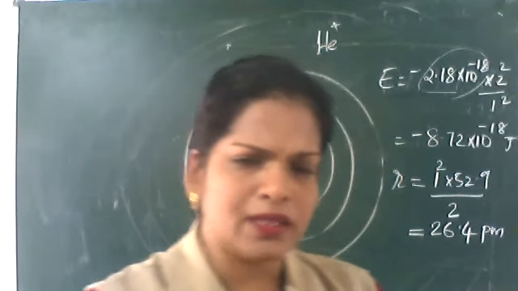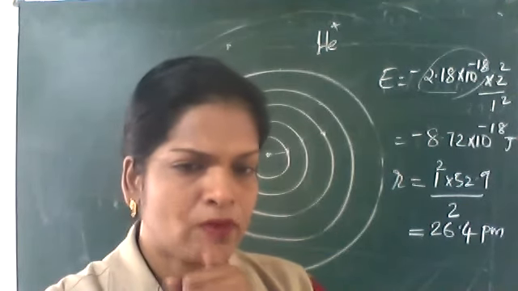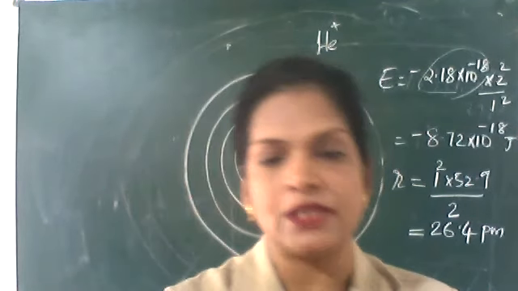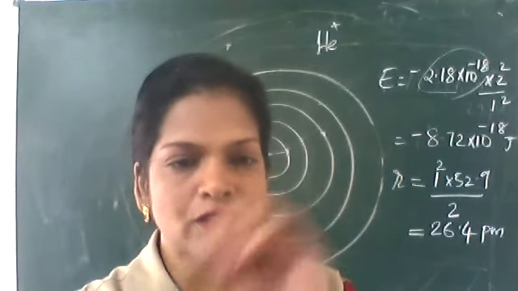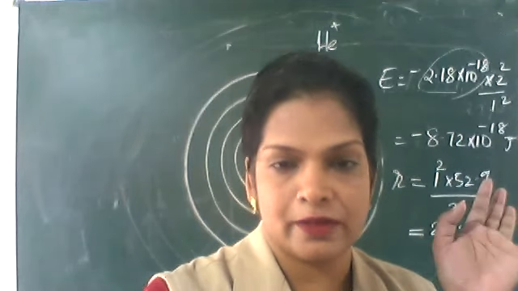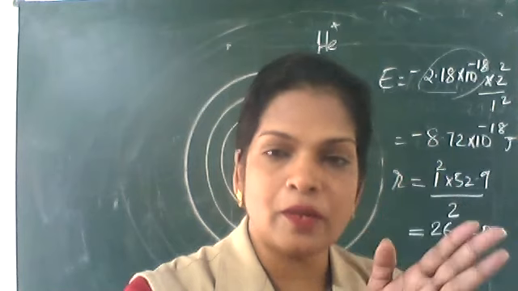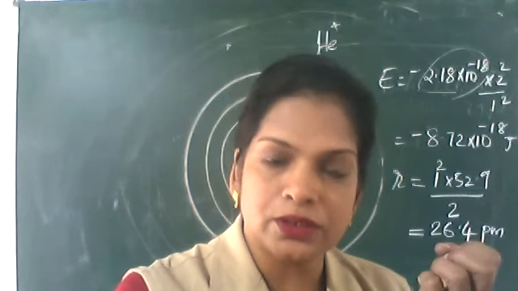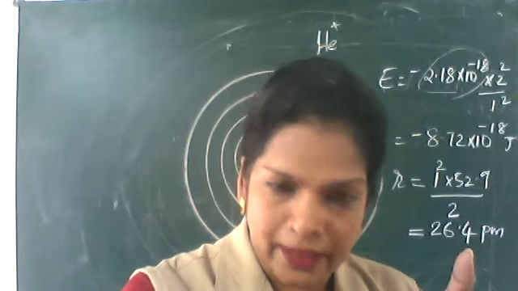And in all these cases, only one electron is there. In which case is the electron more closer towards the nucleus? If it is not told in which orbit it is, you have to take it as the first orbit. First orbit of helium plus is more closer towards the nucleus than hydrogen.